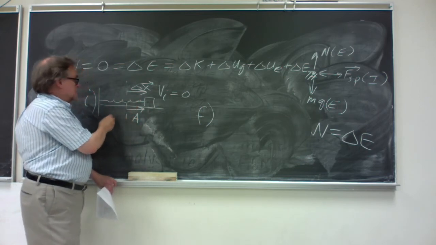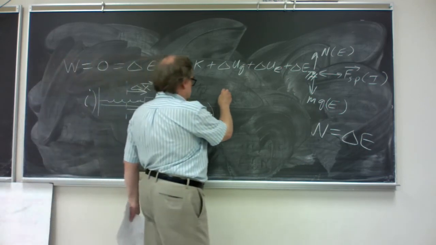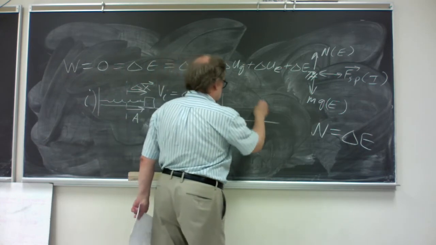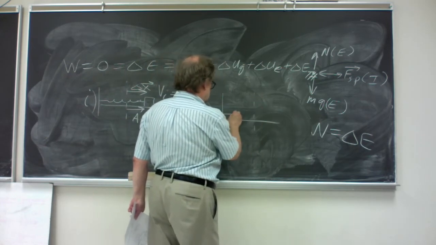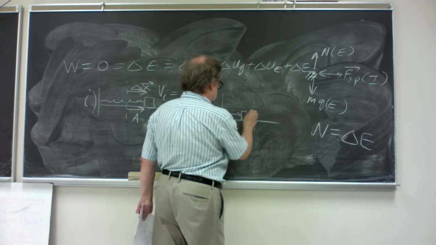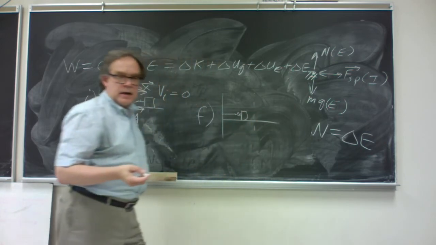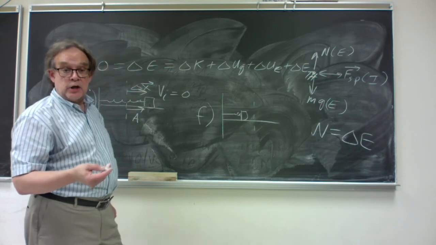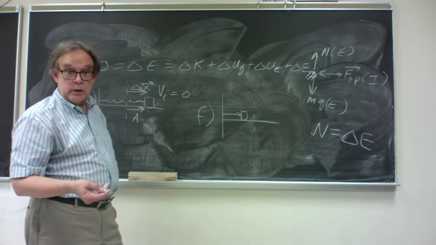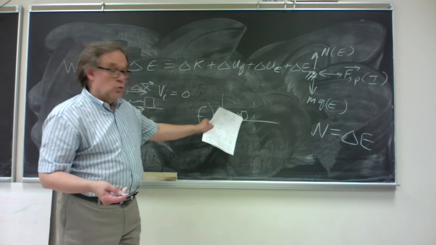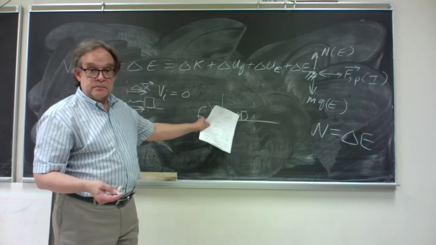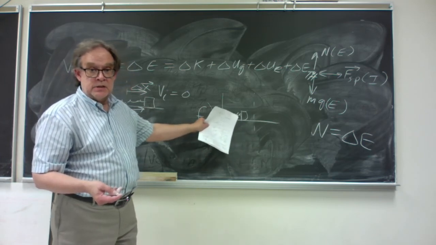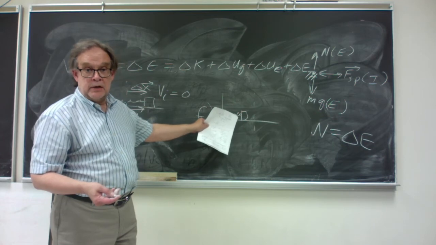In the final state, the mass is now to the left of equilibrium as far as it's ever going to get away from equilibrium. It'll go no farther to the left. This is the maximum distance away from equilibrium on the left-hand side.